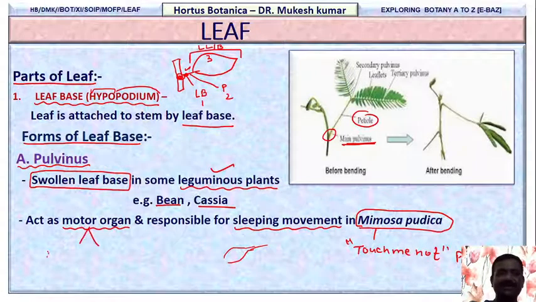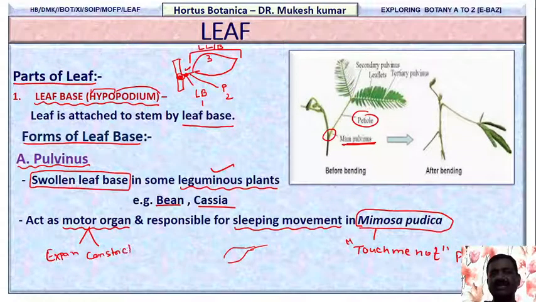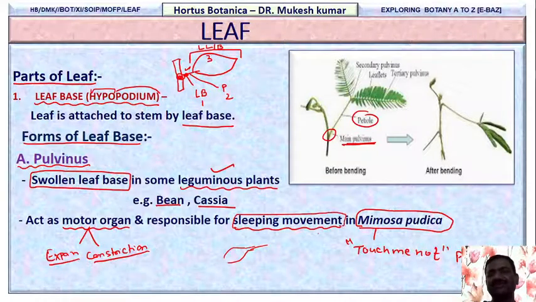It may first expand, and after that there will be constriction. This is also called sleeping movement. Sleeping means they will constrict when you give them the shock. That is a seismonastic movement it will execute, isn't it?